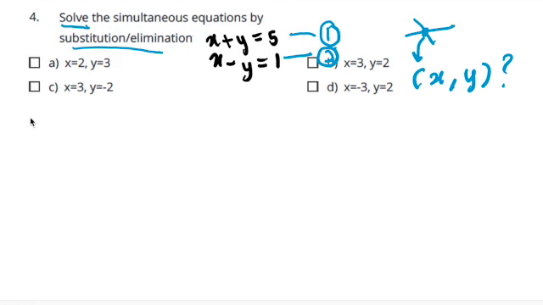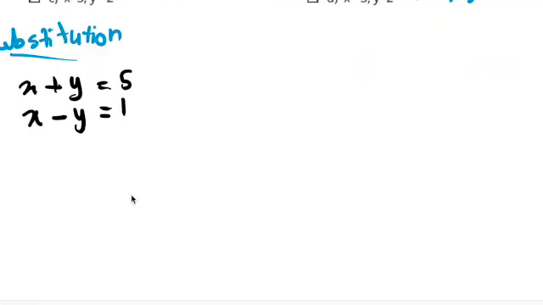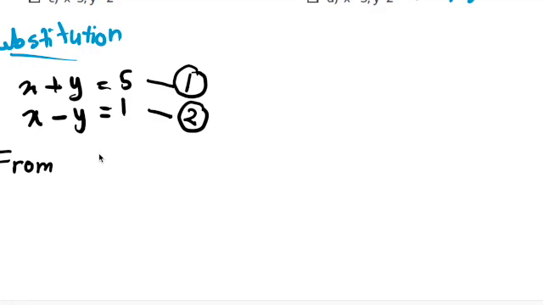Let's do substitution first. So let's put this as equation 1 and this as equation 2. Which equation we want to find out the value of a term in terms of another term? I would choose from equation 2. Okay, so write down equation 2 again.